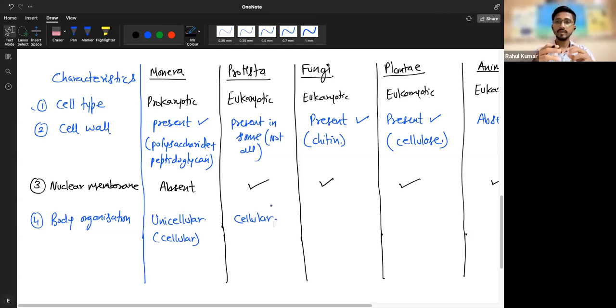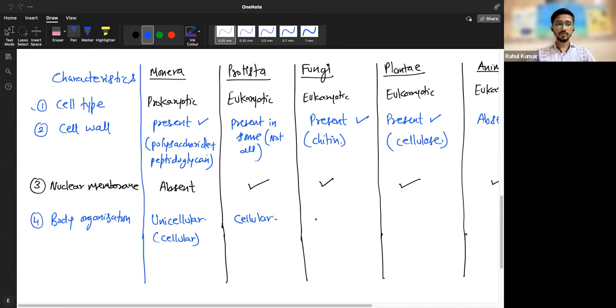Each cell takes care of its own requirements. Do you understand, Maha? For Monera, it is one single cell, no option. For Protista, it is a bunch of cells together. It will give you an appearance of being multicellular, but it is not. In reality, it is just a group of cells living together, but every cell is taking care of itself.